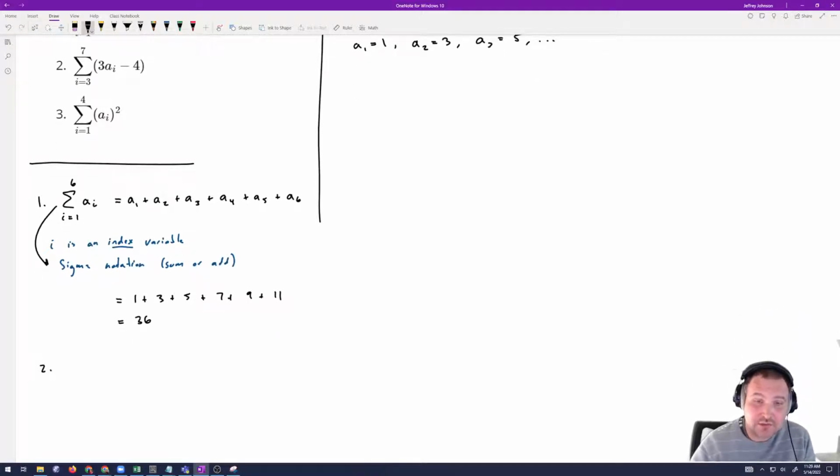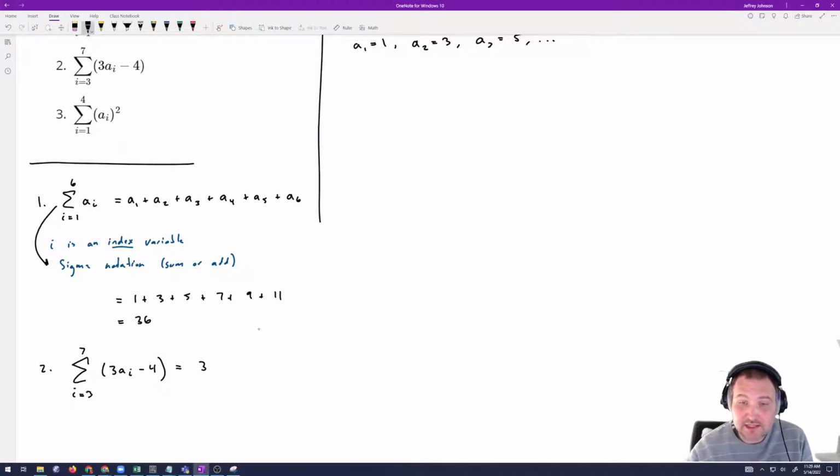Let's take a look at the next one, which is just a little bit more complicated. Here i is going from 3 to 7 of 3a_i minus 4. Writing this out longhand is kind of annoying, and that is why we have this better way of doing it. If we were to write this out longhand, we start with 3 this time.